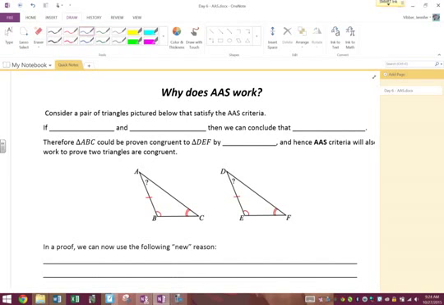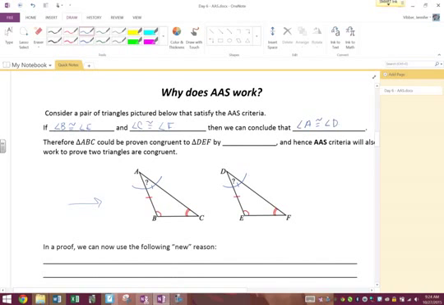So why does AAS work? If we look at the diagrams down here, it's been given just by the markings in the diagram that angle B is congruent to angle E and angle C is congruent to angle F. We can then also say that A would be congruent to D. Let's think about why.